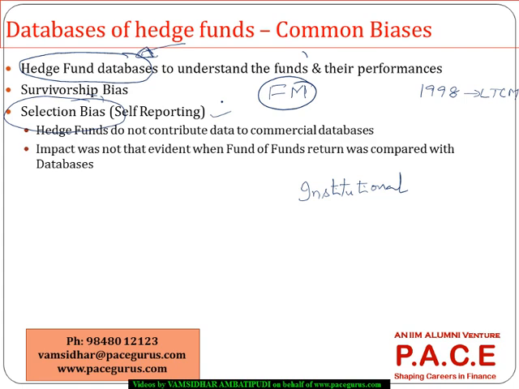If he opts out of that reporting, whatever report the commercial database is providing would be a biased report, under the assumption that a particular hedge fund manager did not report the performance because his fund was performing poorly. If that assumption was true, then whatever return the index is showcasing would be an overstated value.